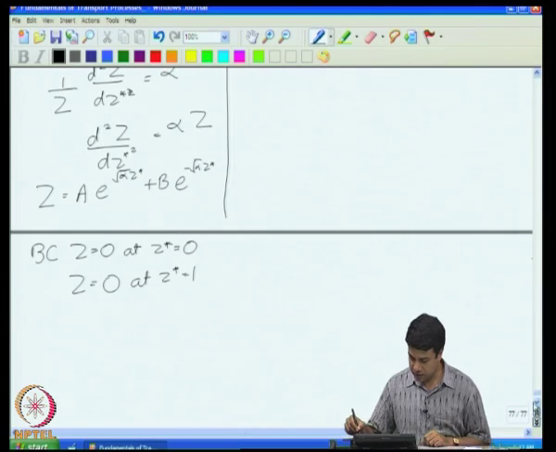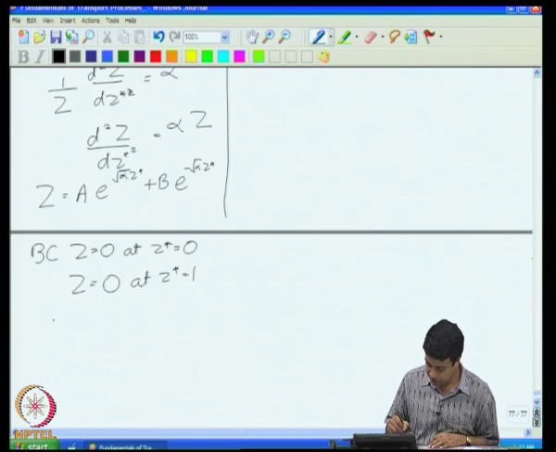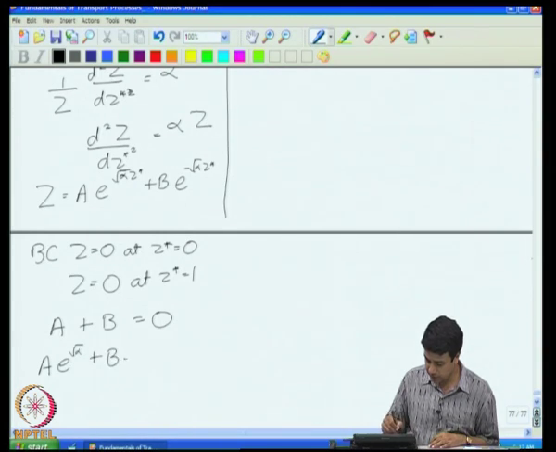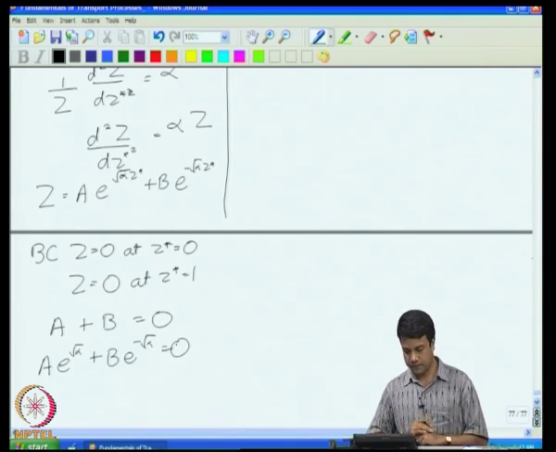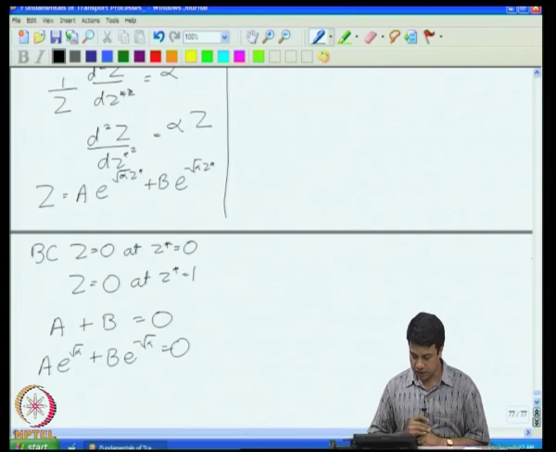Insert those boundary conditions here and I will get a plus b is equal to 0 and a times e power root alpha plus b e power minus root alpha is equal to 0. I just put z star is equal to 0 in the first equation, z star is equal to 1 in the second equation.